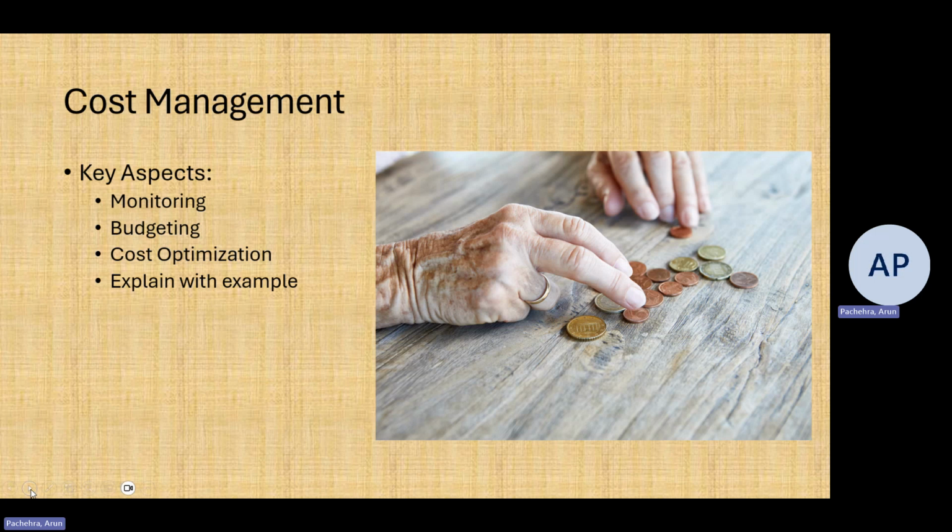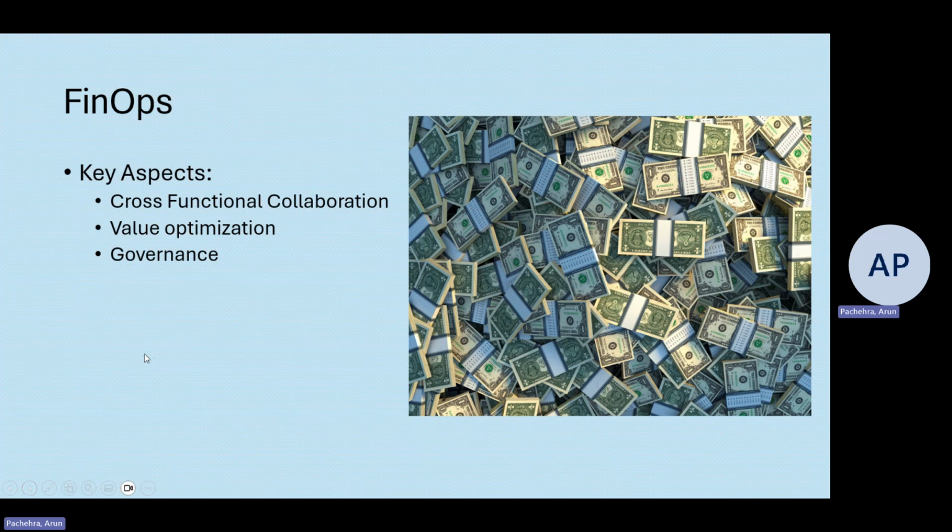So let's dig a little bit into FinOps just to refresh the memory. If you're watching these videos together, it would be very nice. However, just to refresh the memory, FinOps extends beyond the technical aspect of cost management to include financial accountability, budgeting, and operational efficiency across the organization.